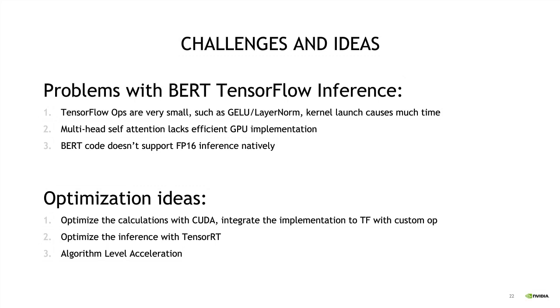And for some kernels that are not very efficient, we can also write plugins for TensorRT, and that's what we do in this case. Apart from these two optimization ideas, we also have some algorithm-level acceleration that might be covered in the open discussion.